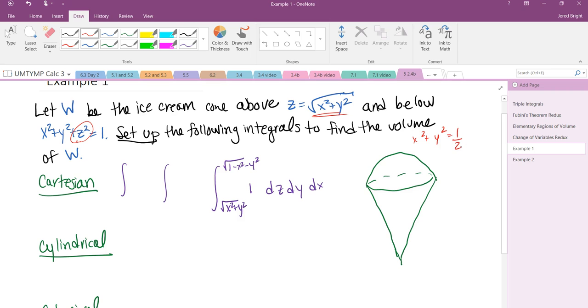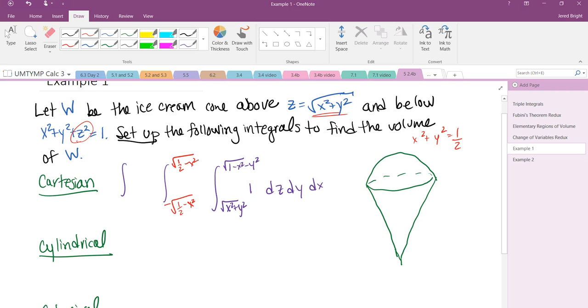Okay, so then if I solve, that would find this boundary, where they meet, and so that would be a nice way to restrict my function. I would go from negative square root of 1/2 minus x squared, and then, at least in the xy plane, that would be the furthest I would have to go out to, and then the positive version as well.